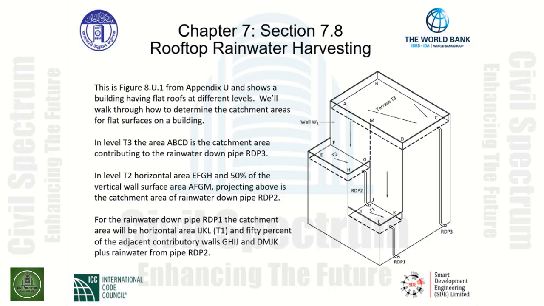In level T2, horizontal area EFGH, and 50% of the vertical wall surface area AFGM is also indicated as the catchment area.